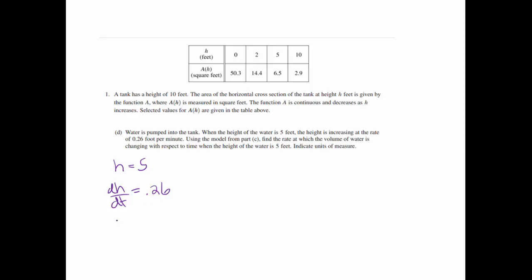And then they are asking for how fast the volume is changing. So they're asking for dv dt. So I need a dv dt. Well, we were given in that last problem that A was equal to something, and I just need to find again what that formula was.